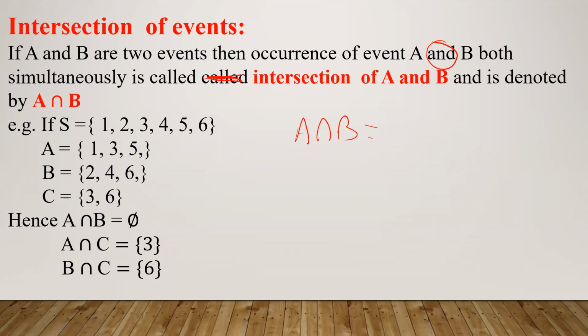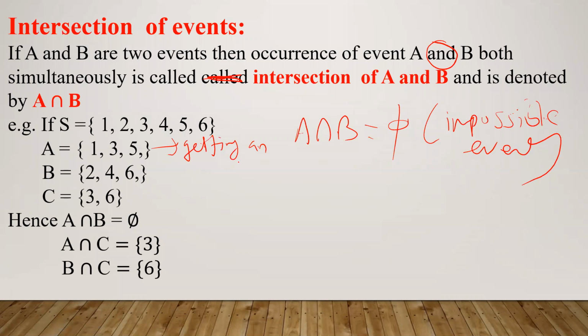So I will have to see which points are there in A as well as in B. Is there any point which belongs to both? No. So A intersection B is empty. It is an impossible event. Because what is my event A? Event A is getting an odd number.